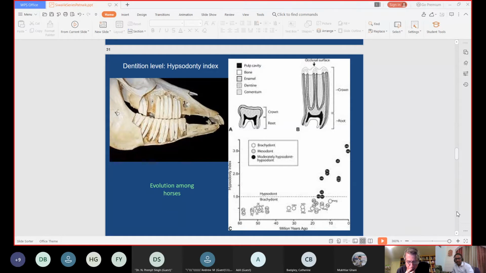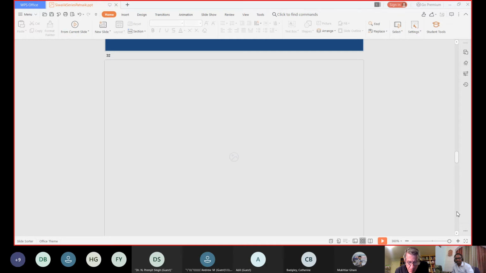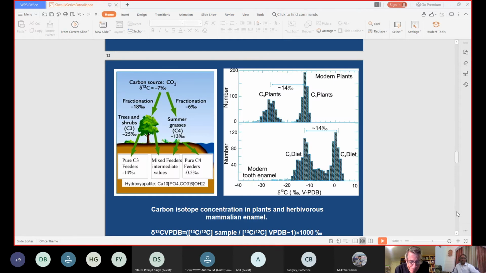So we have also looked into these aspects of Siwalik mammals. Just to briefly tell you that isotopes are very important for reconstructing diet and ecology, and we have used stable carbon and oxygen isotopes.